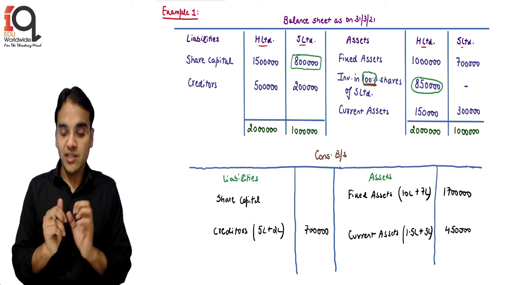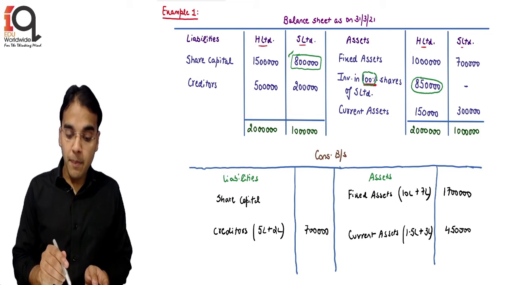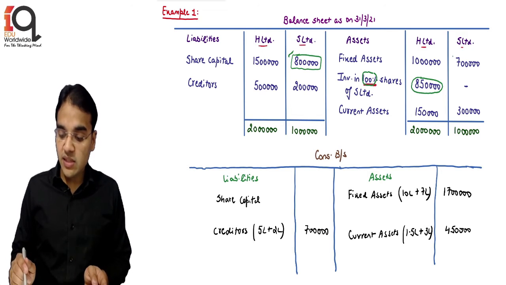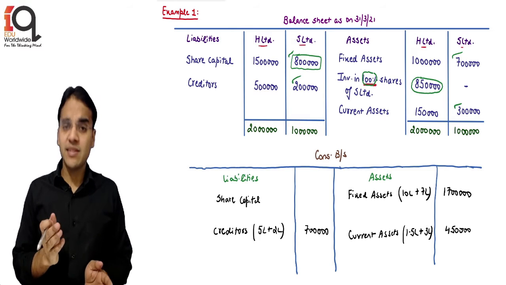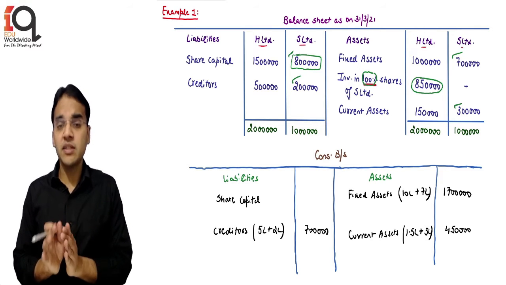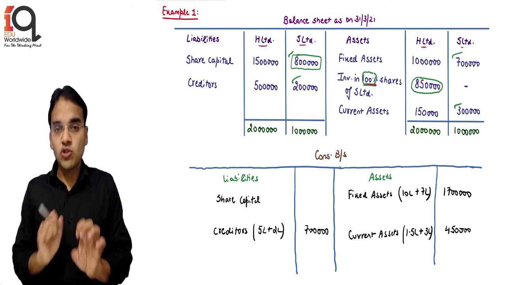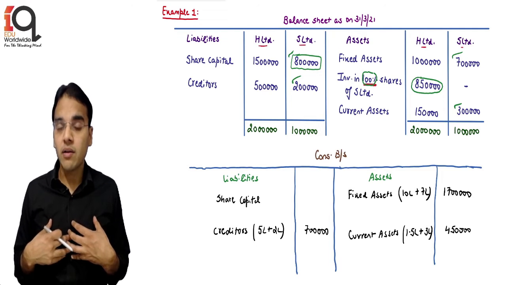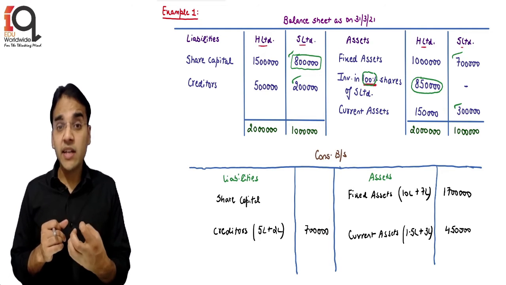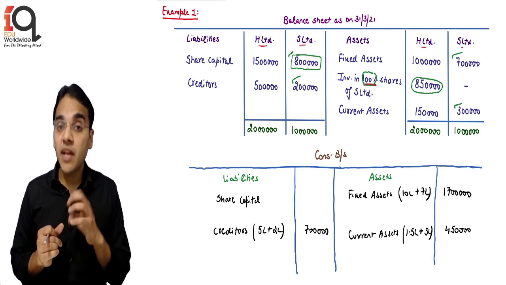There are net assets because this 8 lakh is nothing but 7 lakh plus 3 lakh minus 2 lakh, and that is net assets. 100% shares of face value 8 lakh actually means the net assets of 8 lakh, and we have acquired the net assets of 8 lakh rupees at a value of 8 lakh 50,000.